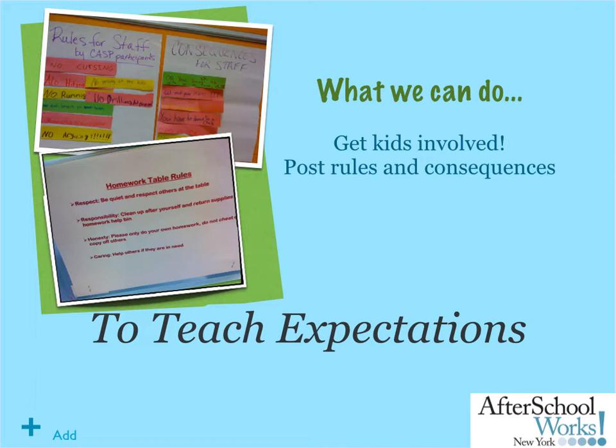So then we don't always have to holler at a kid to change his or her behavior. All we have to do is give a little wiggle of our finger to get them to come to us, walk them over to the poster, and point to the spot where they may need a reminder about how to behave, and that becomes an easier way for them to accept that correction in behavior.